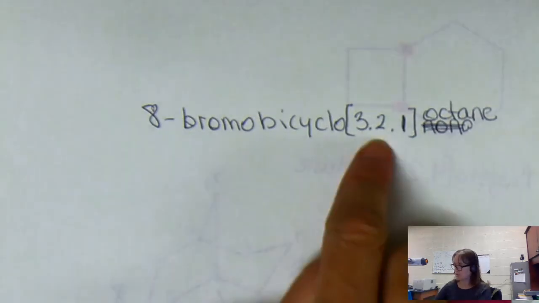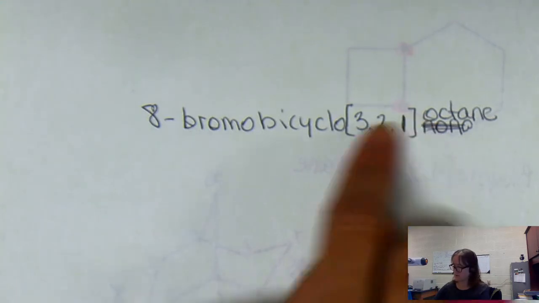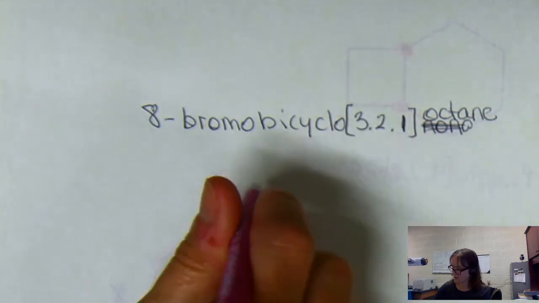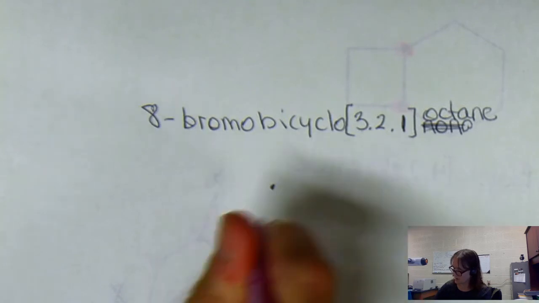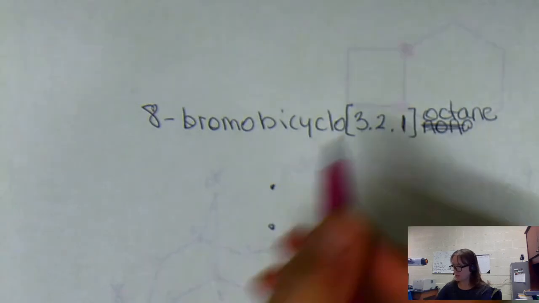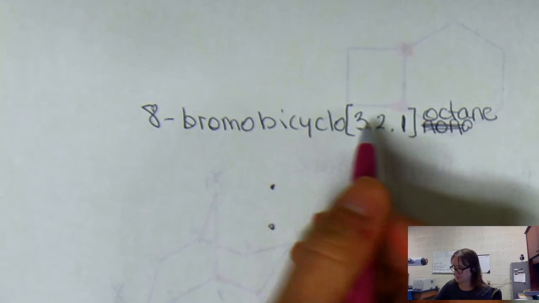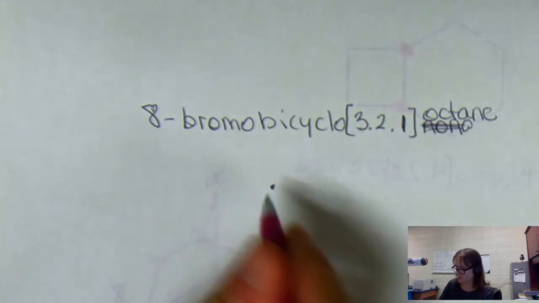Okay, so the way that you would draw this is, because it is a bicyclo, you've got 2 bridge carbons. And you would draw 3 carbons between it. So that's not one of them. You don't count that.